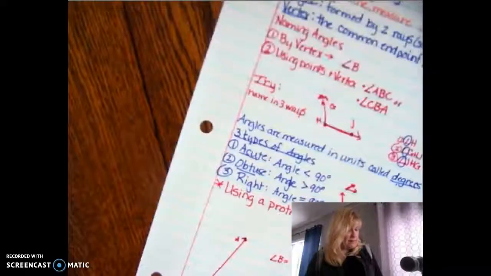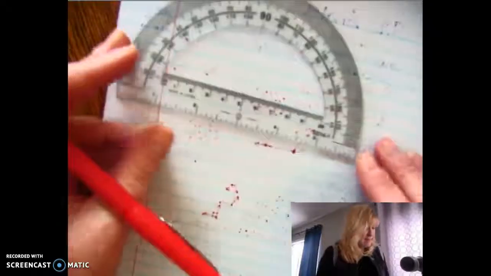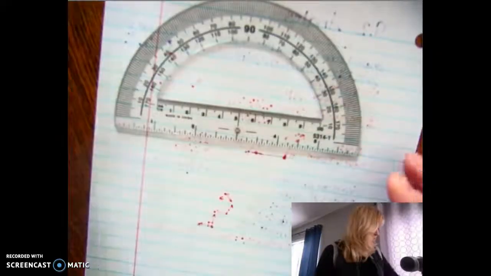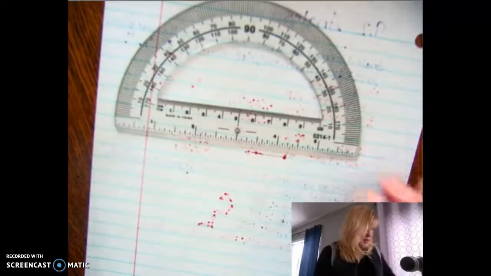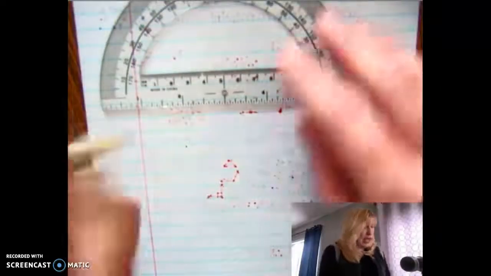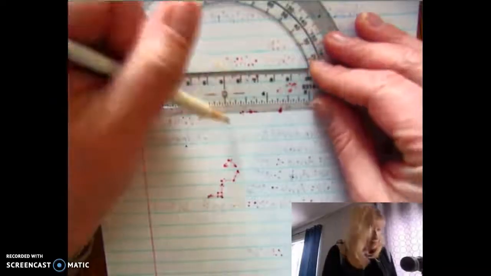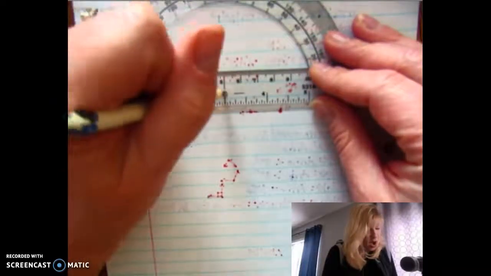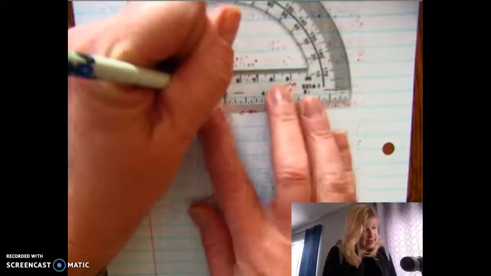I'm going to flip over my paper and let's draw an angle quickly. It is more helpful if you draw an angle that you remember. Never, I repeat, never put your dot down below. Always put it right here.